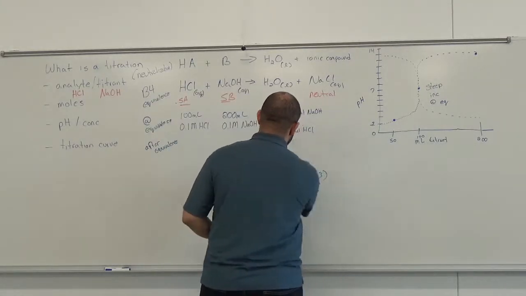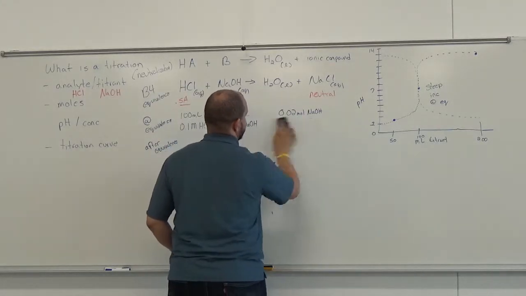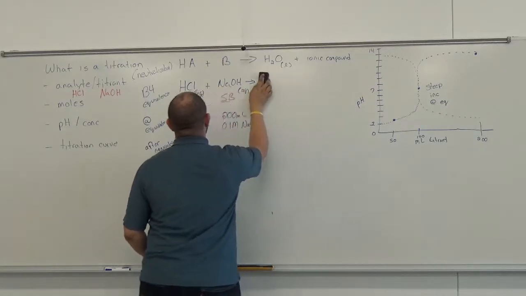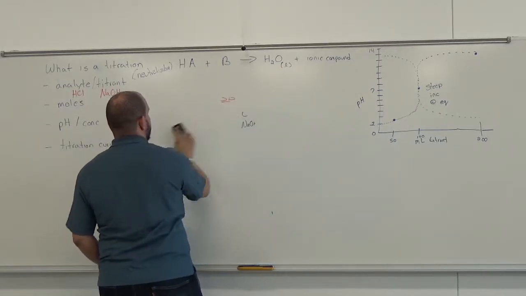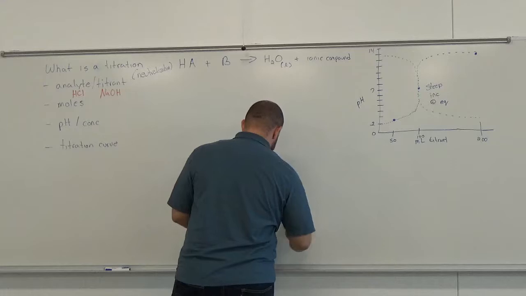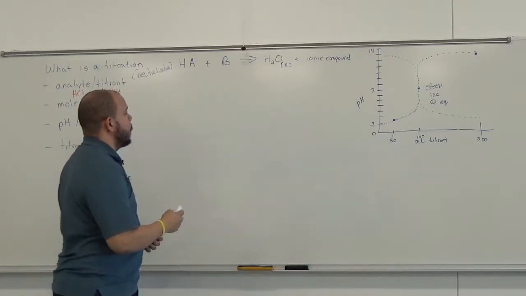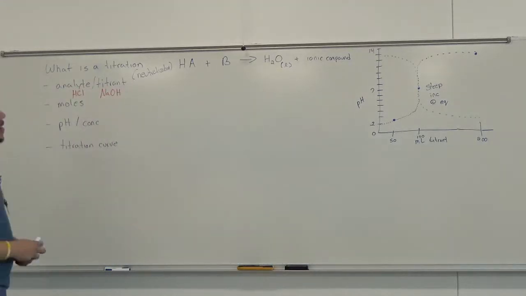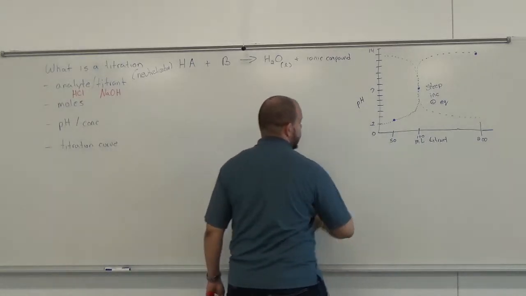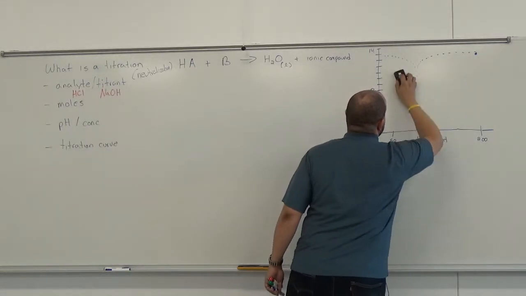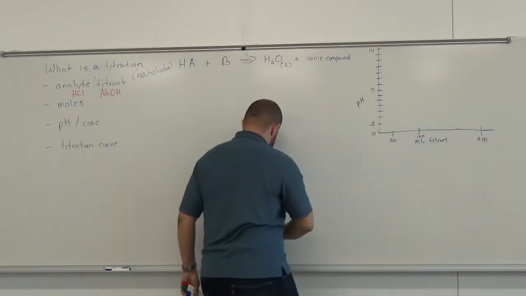Now, let's take a look at another example. Now, if we take a look at the example, and I'm going to erase the graph too, because we're going to make a new graph.